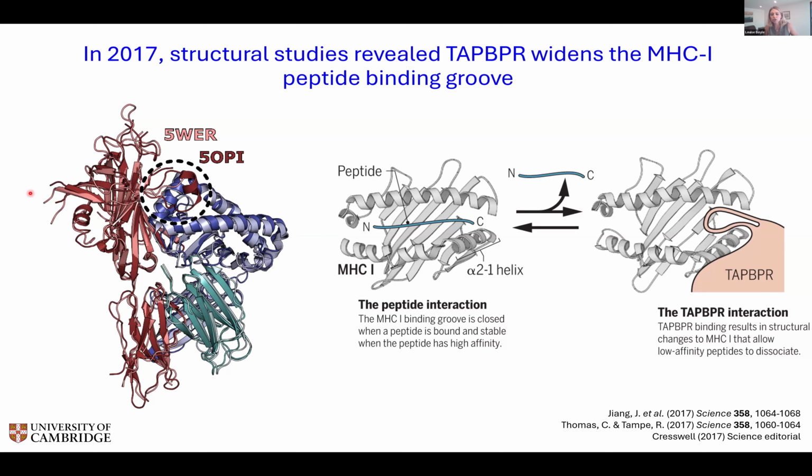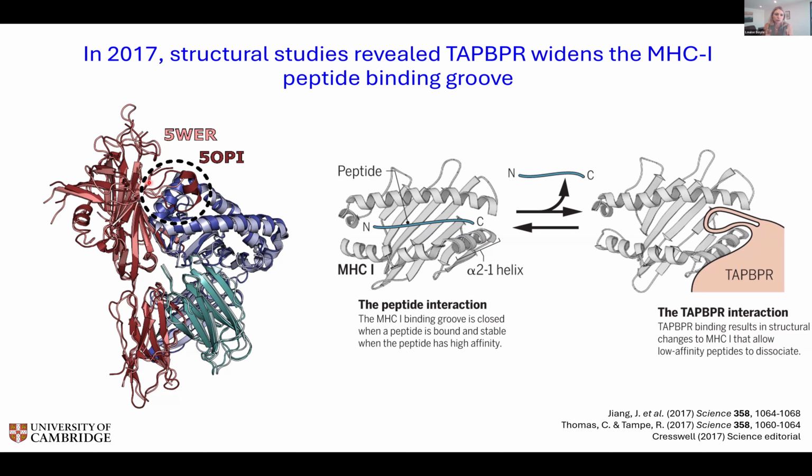Now, these structures revealed that the loop region of TAPBPR that we'd been working on was indeed potentially in close proximity to the MHC class 1 F pocket. Although there's some different opinions as to the precise location of the loop on these class 1 molecules.